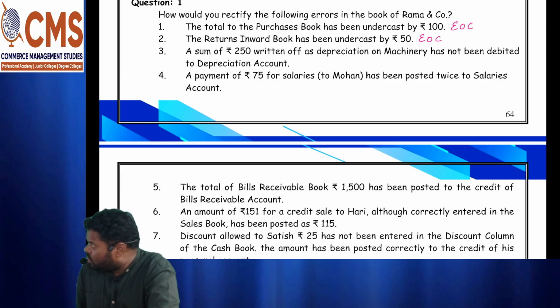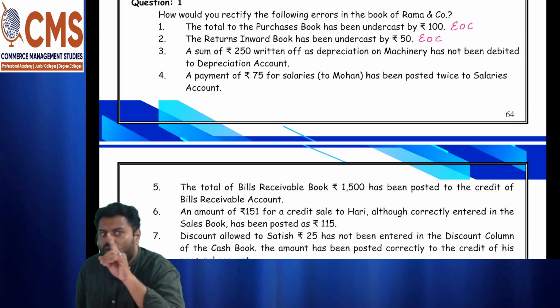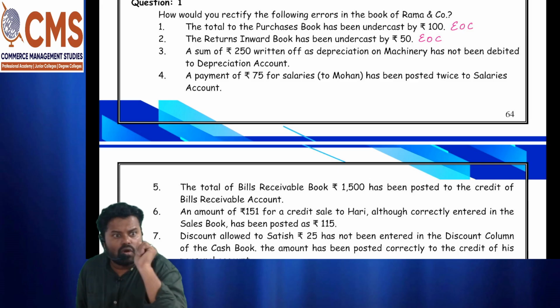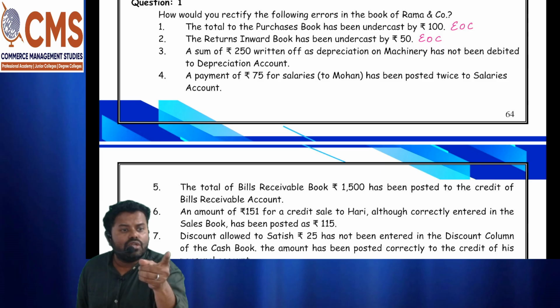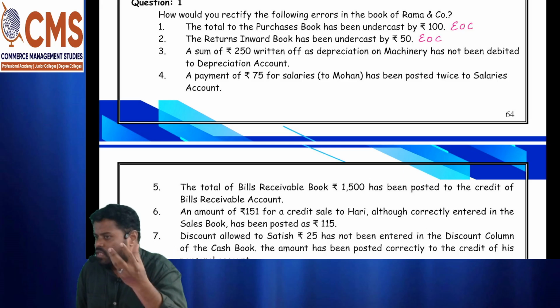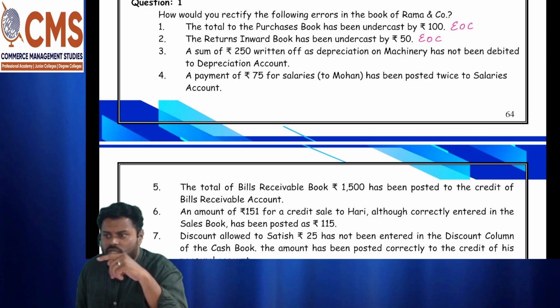Are you trying to say that depreciation account is wrong or machinery account is wrong or both accounts are wrong? Only depreciation account is wrong. They are saying that a sum of 250 written off as depreciation on machinery. This depreciation is taken from the asset account. So machinery account is perfect. Which account went wrong? Only depreciation account.